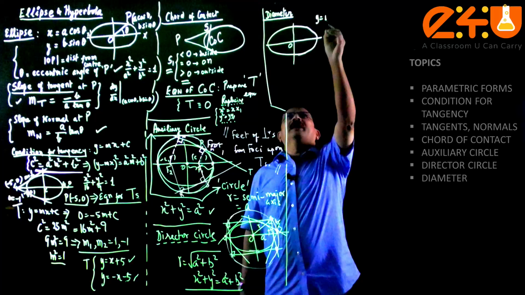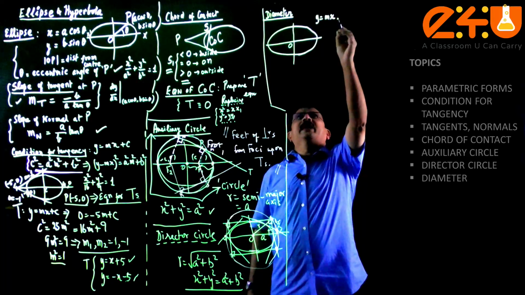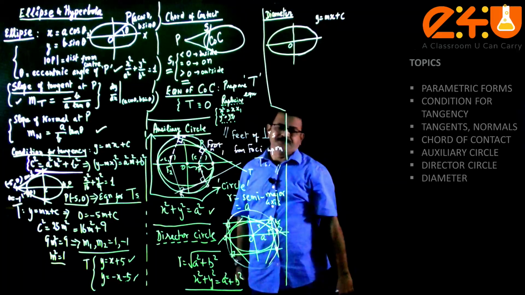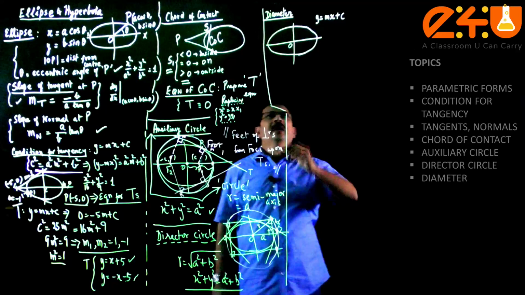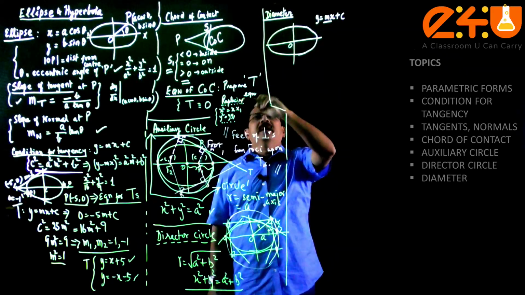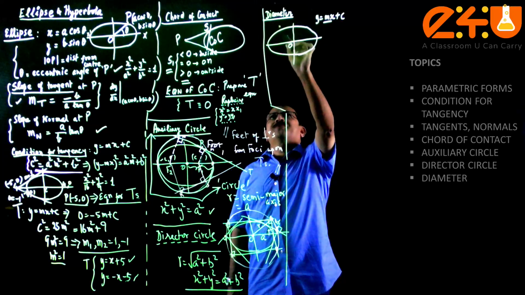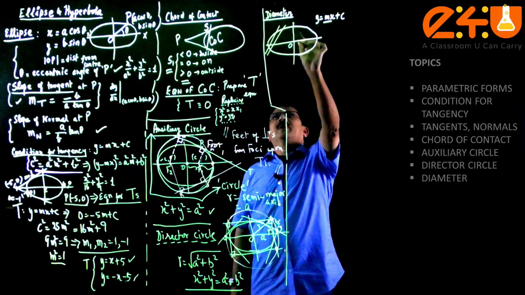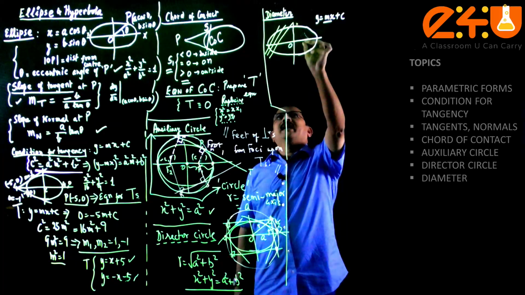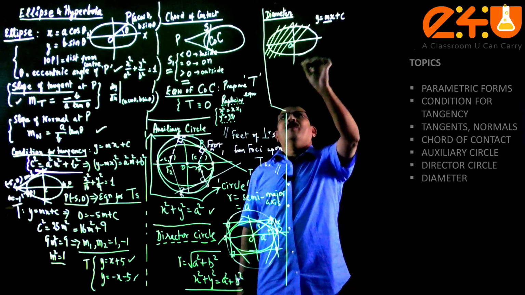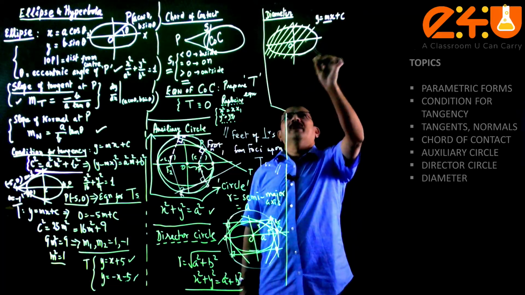Given, let us say, y equal to mx plus a random value c, keeping slope m constant, a system of straight lines which can effectively become chords, and keeping m constant makes a system of parallel chords.